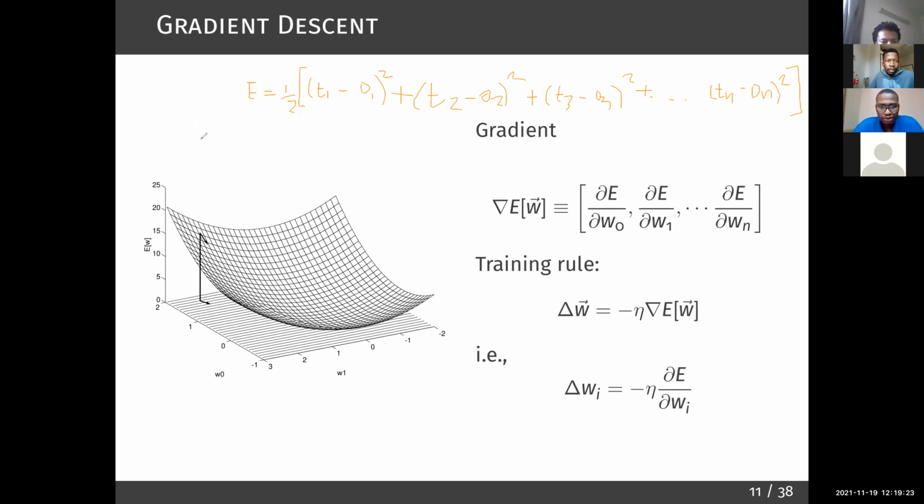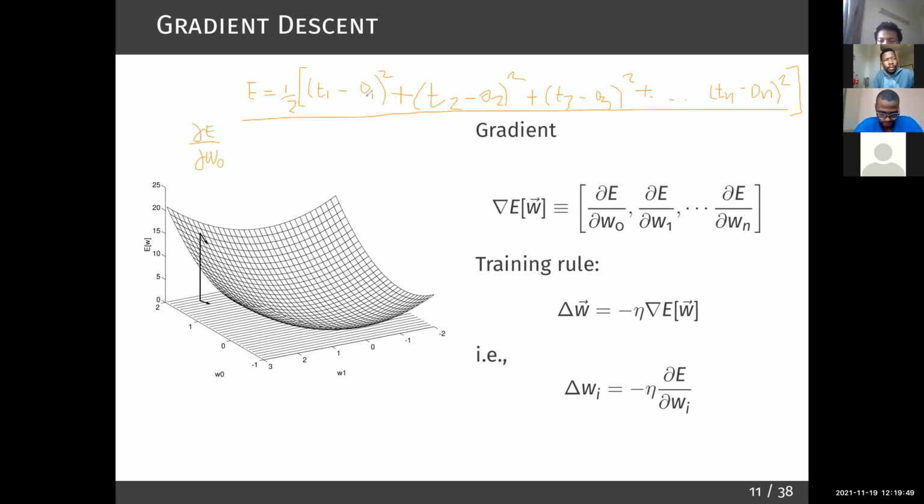What is the partial of E with respect to W0? Well, we take the partial of this with respect to W0. These are outputs, right?